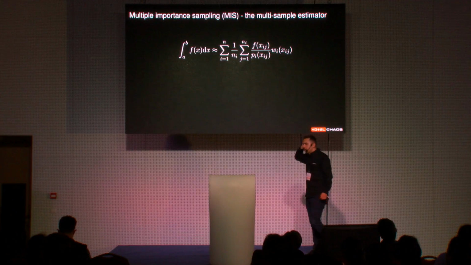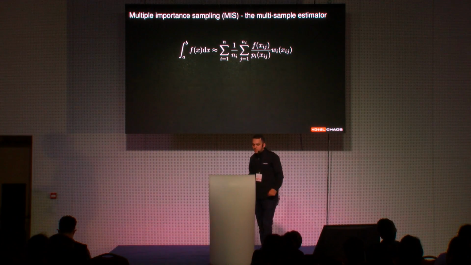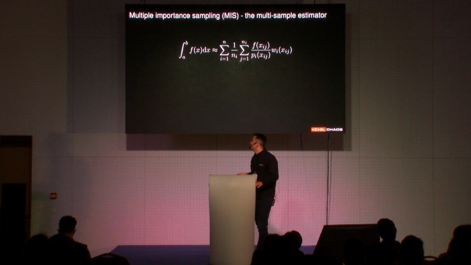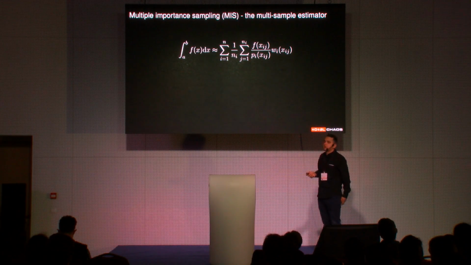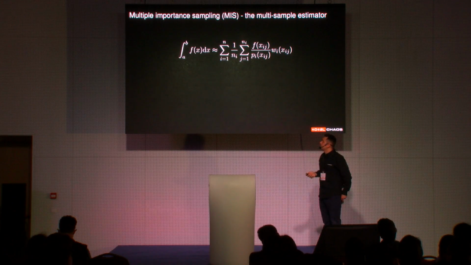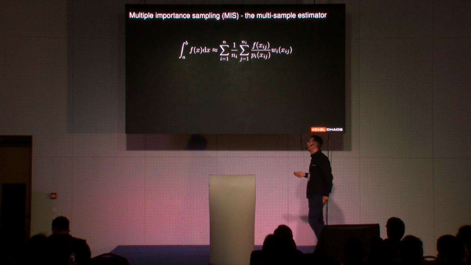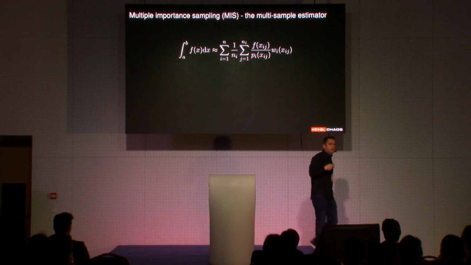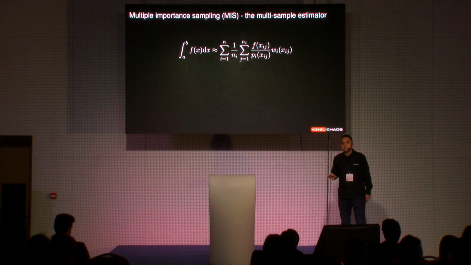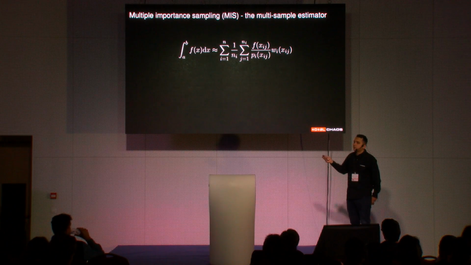These weights, it is very important how we choose them in order to get, first, an unbiased result. So what does it mean for an estimator to be unbiased? It means that its mathematical expectation is exactly equal to the integral that we are looking for.